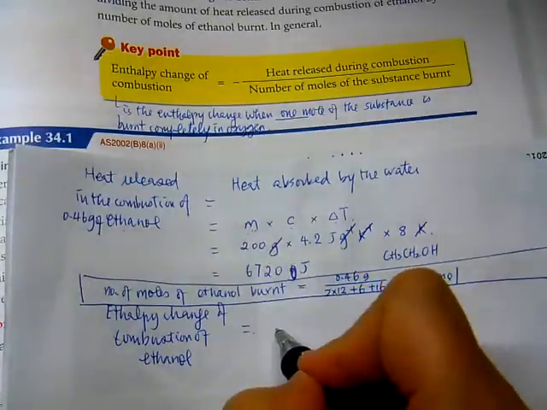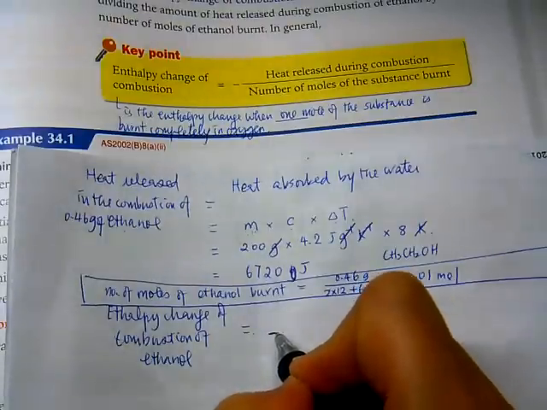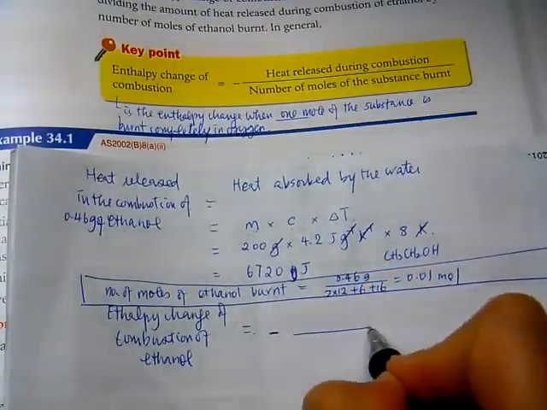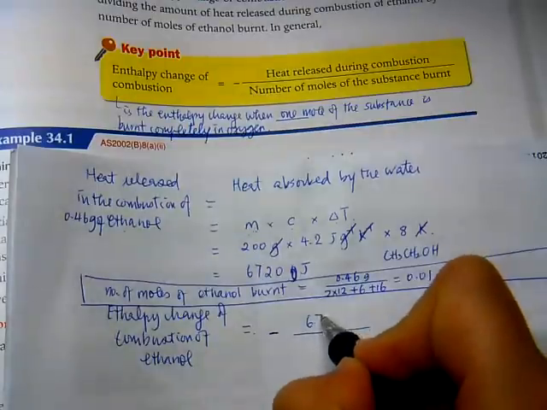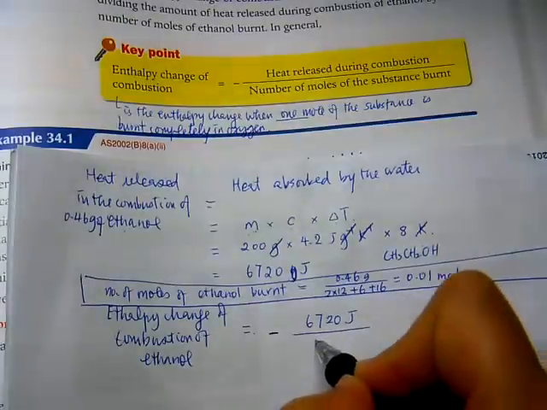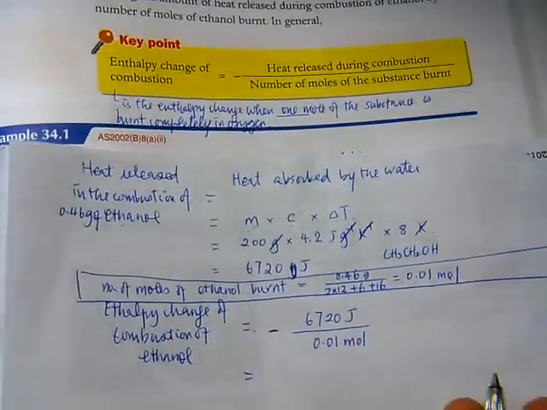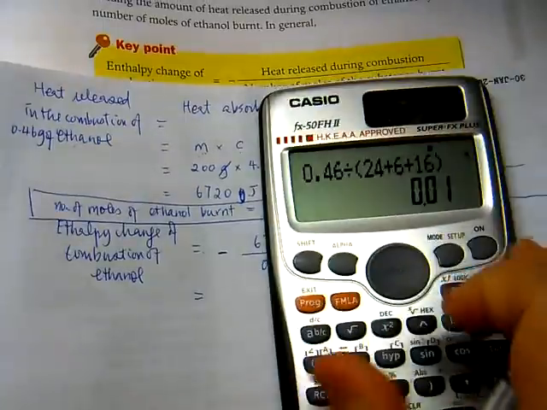Therefore, substitute all these data into the equation. Now, because the reaction is exothermic, bear in mind, you need a negative sign. And then put 6720 over 0.01 mole. Again, use your calculator.